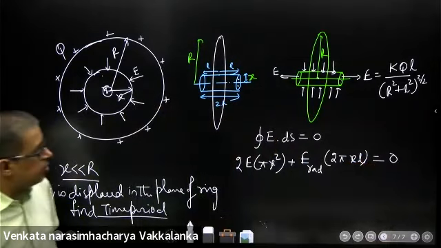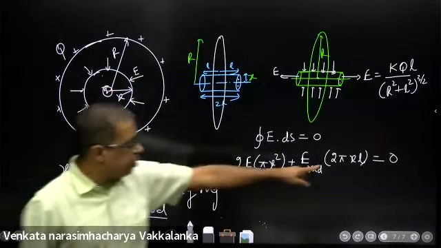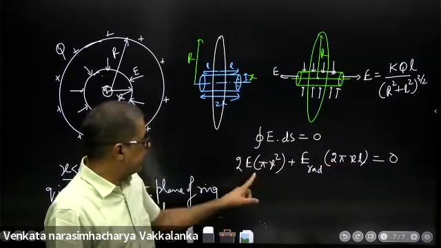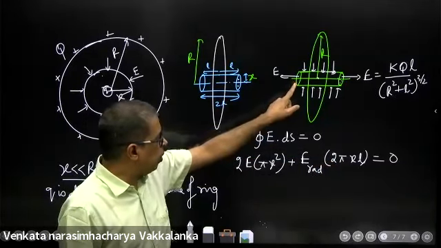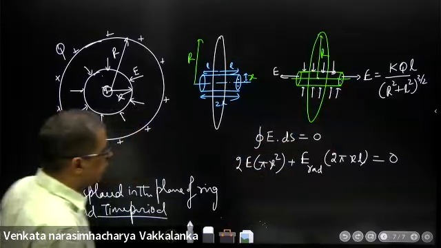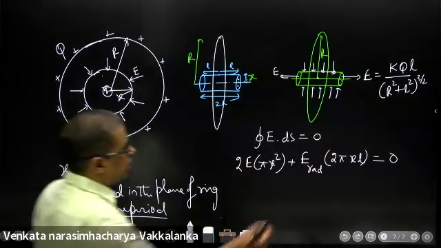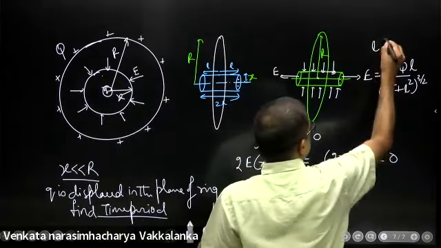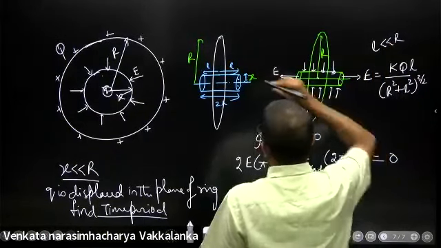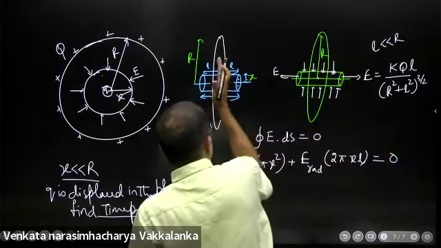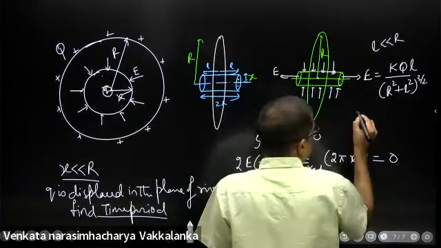See if you are convinced with this. Field radial into the curved surface area, this field into pi x square, this field into pi x square. Here I use the approximation. You gave me L is much smaller than R. You have taken that. Why should you take? Only then you are in the plane of this ring.